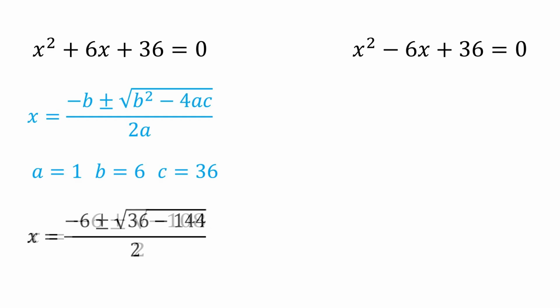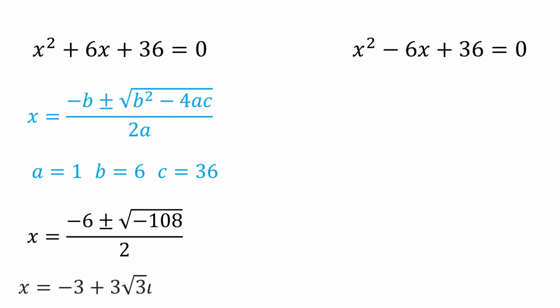That's negative 108. A negative number under a square root tells us something important. We've stepped beyond the real numbers and into the complex numbers. Evaluating the square root gives us two new solutions. Negative 3 plus 3 root 3i and negative 3 minus 3 root 3i.